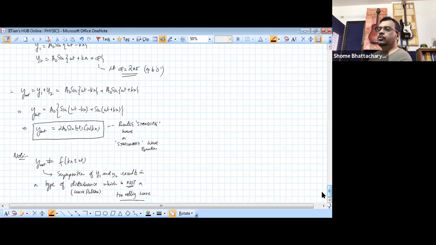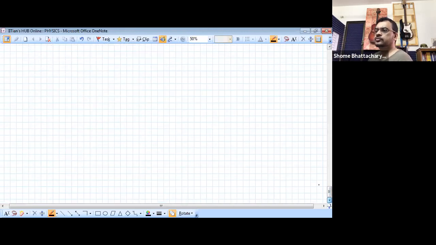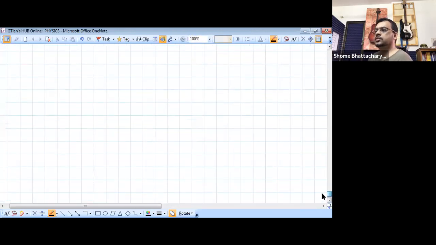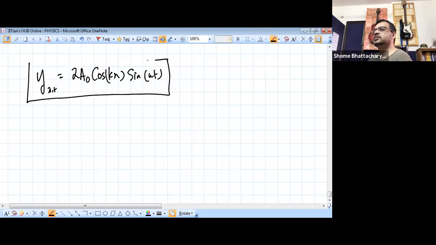Okay, so now let us understand more about this equation by exploring how y is dependent on x and t. So now if you see this equation of the standing wave, y is a function of x and t such that it is 2a naught, I'm just interchanging the kx and this thing terms. Okay, so it's cos kx into sine omega t. So if you notice this equation, what information is it giving us?